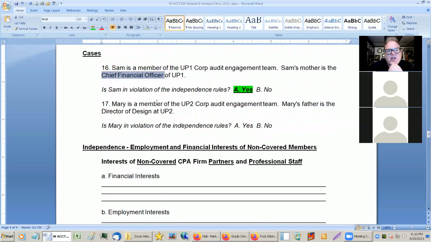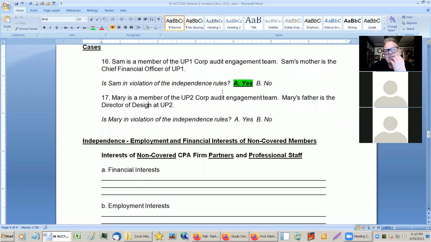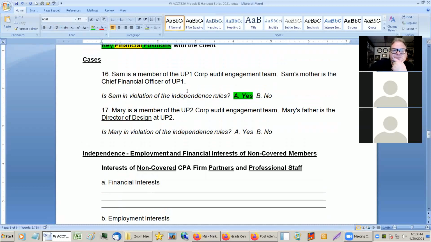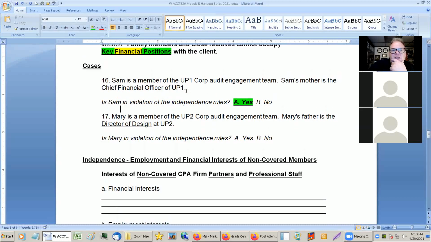Mary is a member of the Up To Corp audit engagement team. Mary's father is the director of design at Up To. Is Mary in violation of the independence rules? What do you think? No, probably not.